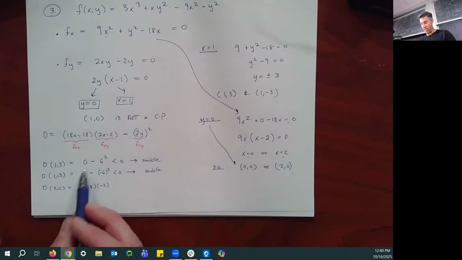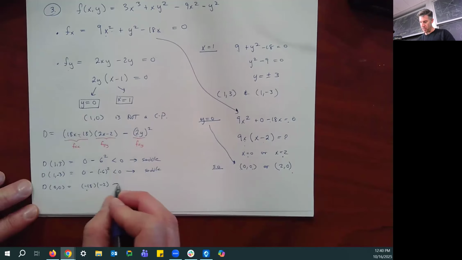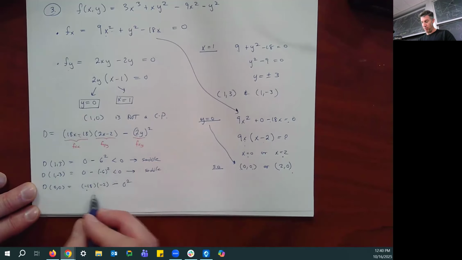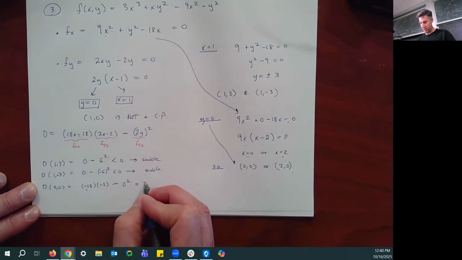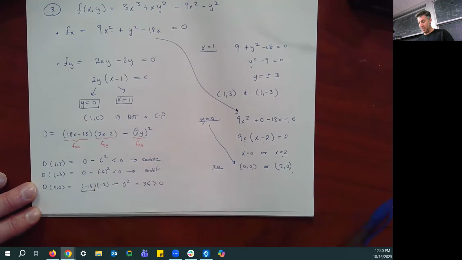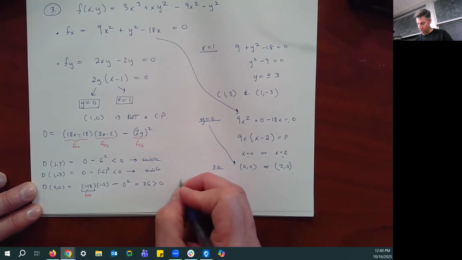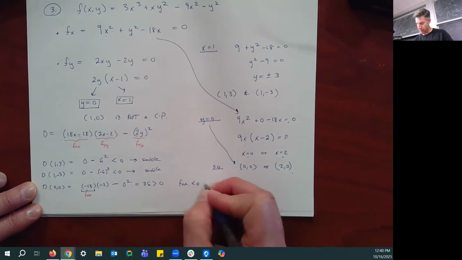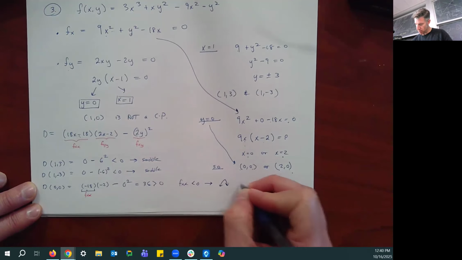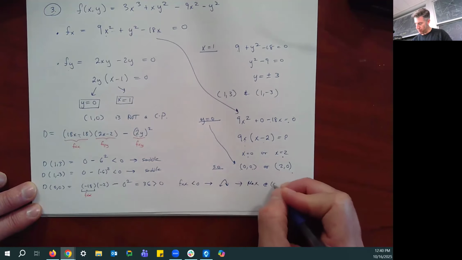I'm saying it's my fxx value, which is negative 18, times my fyy value, which is negative 2, minus 0 squared. So that's going to be positive 36. And then we see that our fxx is indeed negative, so we know we're concave down. So we have a maximum at 0, 0.